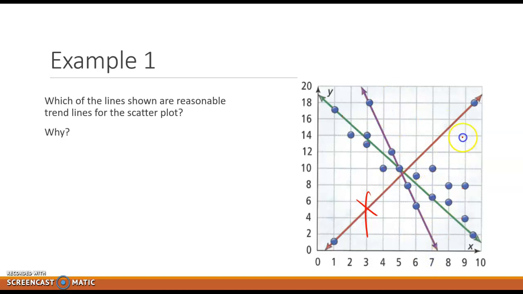The issue is it's not matching the direction the rest of the points are. It's really steep, so that's why we don't want the purple one. So the most reasonable one is the green line. Why? Because it more so matches the rate of change. It matches our rate of change for the scatter plot. So that's what we're looking for.